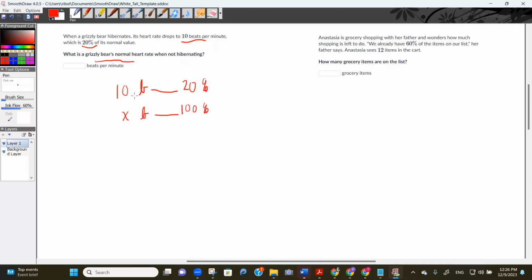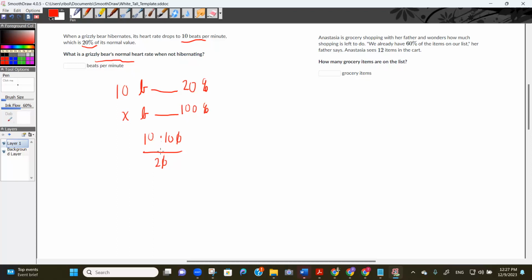The cross product works exactly the same. Now it's going to be 10 times 100 divided by 20. The interesting thing is that you don't even need a calculator. You can just look at that: divided by 20, so we can cancel the zeros.